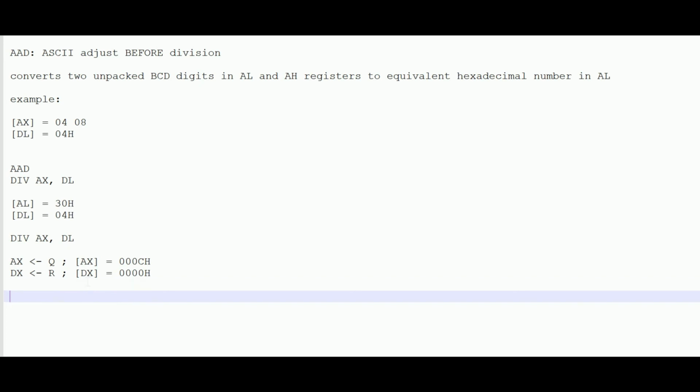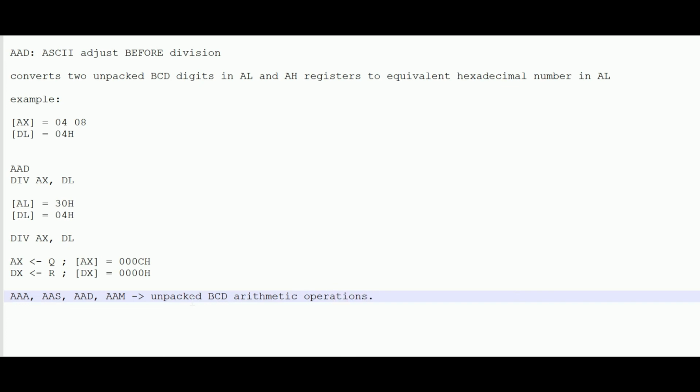The 4 instructions are AAA, AAS, AAD and AAM. All these are ASCII adjust instructions, and these instructions are related to unpacked BCD arithmetic operations.